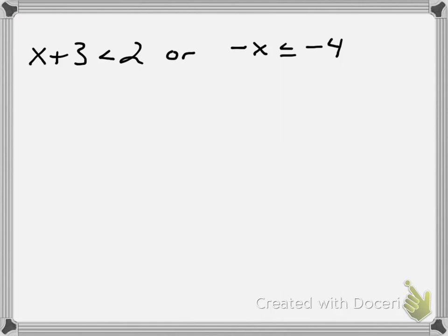So for x plus 3 is less than 2, we're going to subtract 3 and get x is less than negative 1. And on the right side, we're going to divide both sides by negative 1.